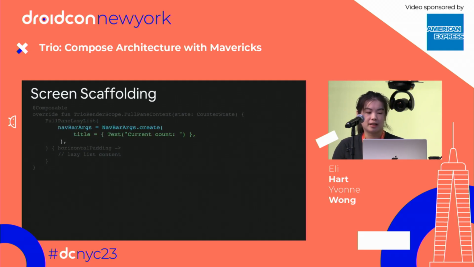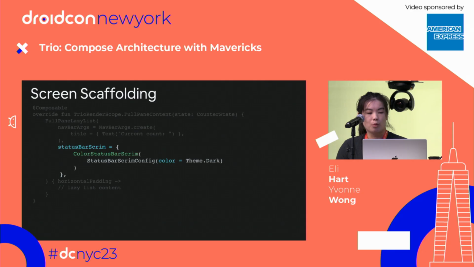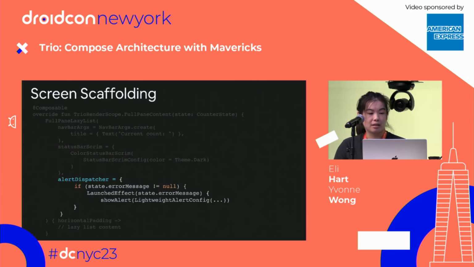The scaffold function takes various arguments to customize the screen. For example, navbar args can control the navigation icon and title. We can also easily change the status bar color. Another common use case is alert dispatching. We can trigger alerts based on values in our state, such as network error states. Our scaffolds provide other common configurations as well, such as loading states, footers, and scroll behavior.